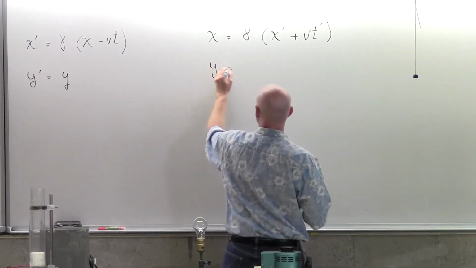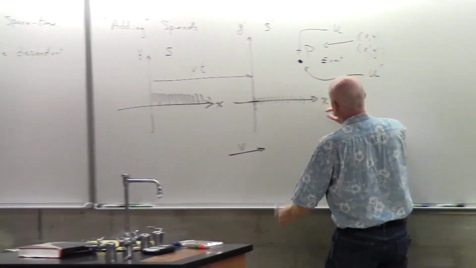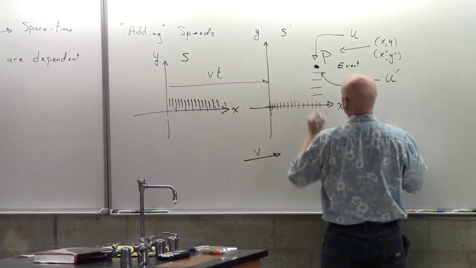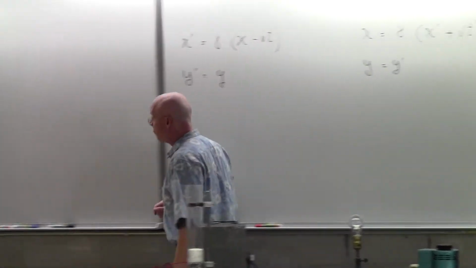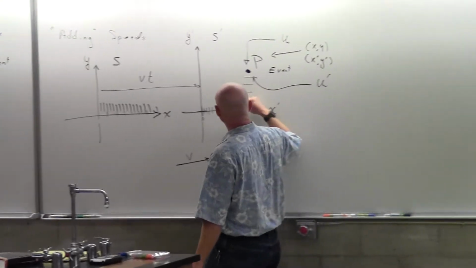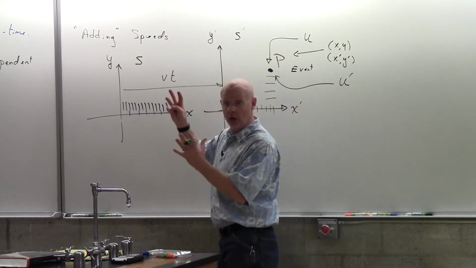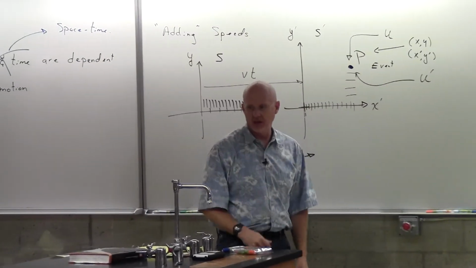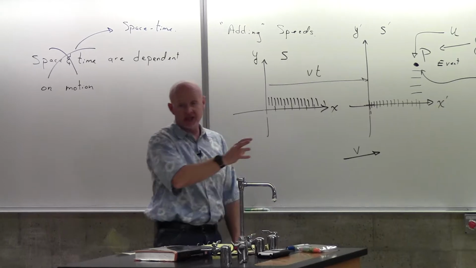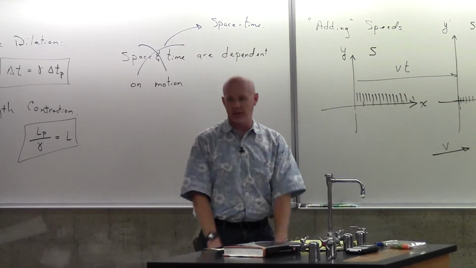I guess it works this way: if I measured the bird being so far up in height, which I would call y prime, you would measure the same thing. There's no motion in that direction, so there's no compression, and so the vertical one doesn't change. We could put a z on there also, but it's hard enough, so we'll just do the xy plane.